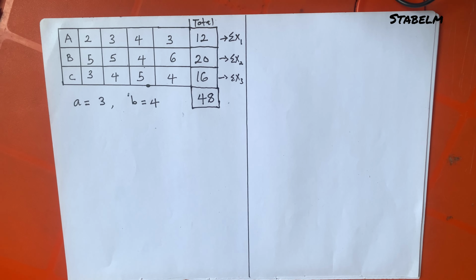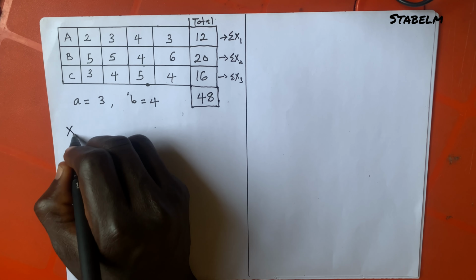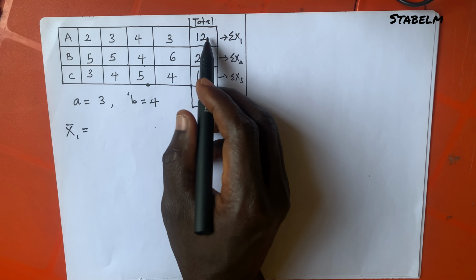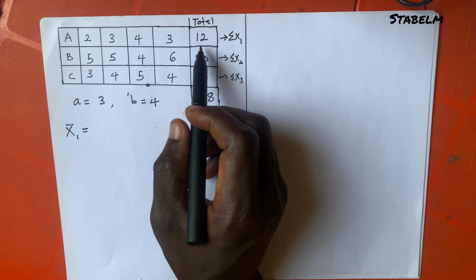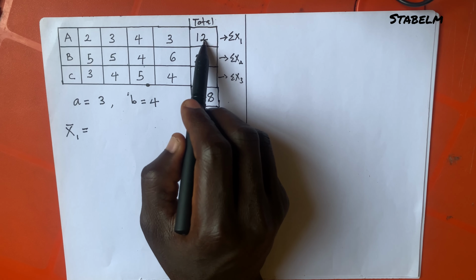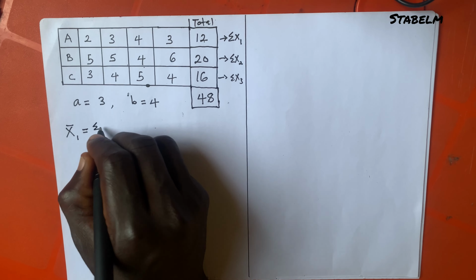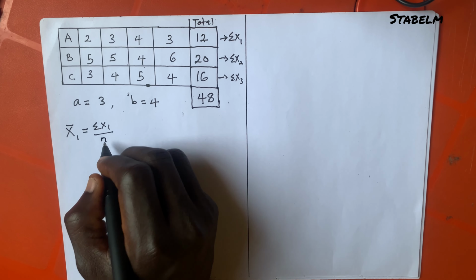All right, now let's find the mean of each treatment. x bar 1 equals the total divided by the number of observations in each treatment, so summation x1 divided by b.